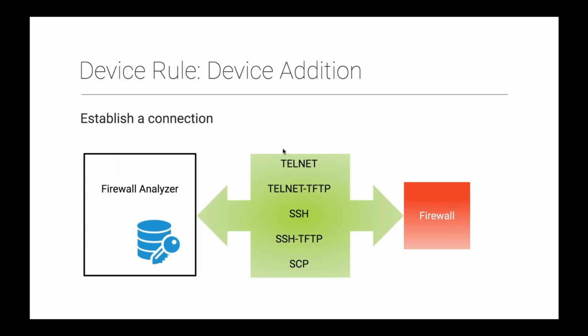Once we establish a connection with the following protocols: Telnet, Telnet TFTP, SSH, SSH TFTP, SCP, we can add the device in the device rule by fetching the rules and configuration from the firewall. We can fetch rules and configuration by basically two methods.